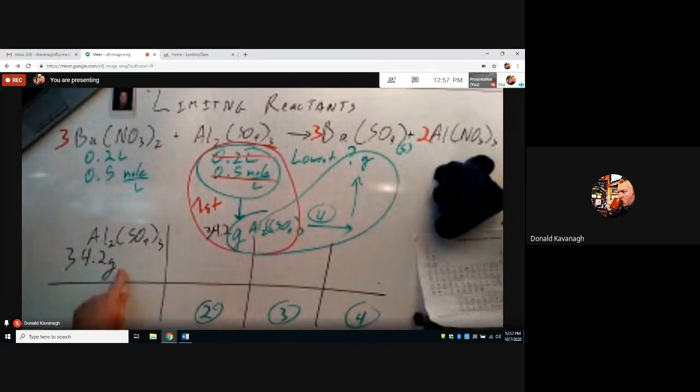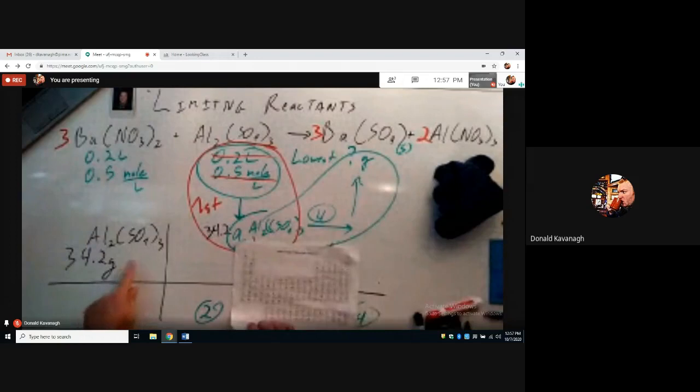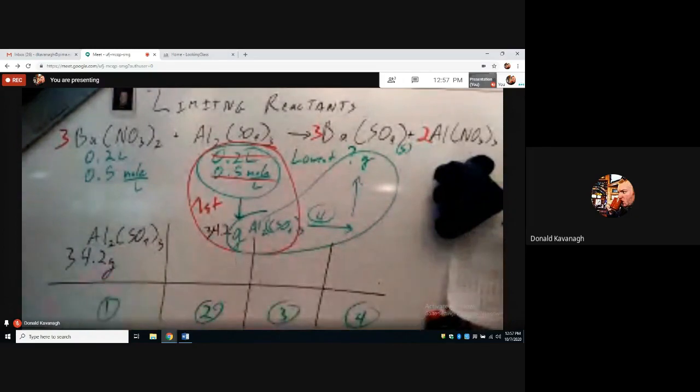I need to cancel out grams using the periodic table, and the only formula that's not crossed out is this aluminum sulfate. That is 342 grams per mole. I place it in here so the unit grams can cancel out.